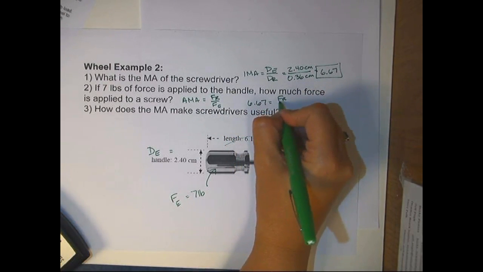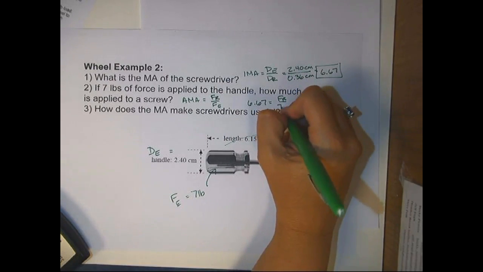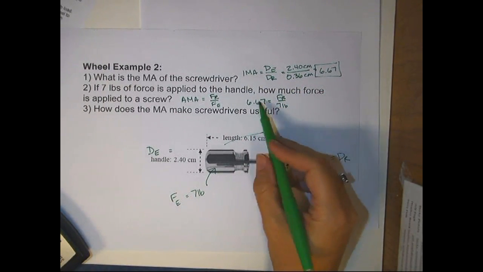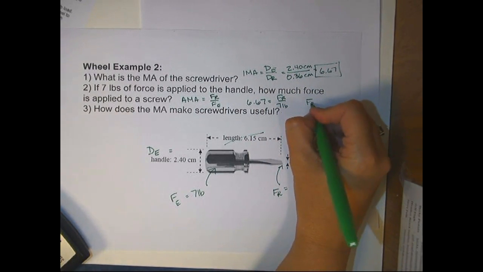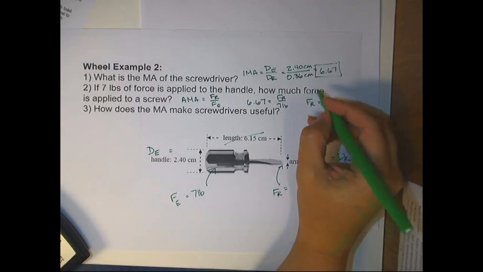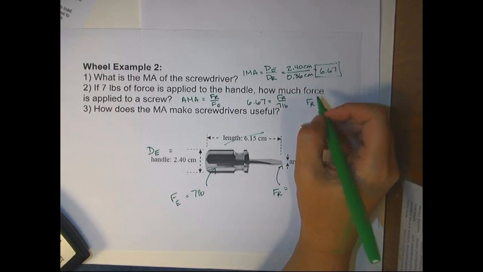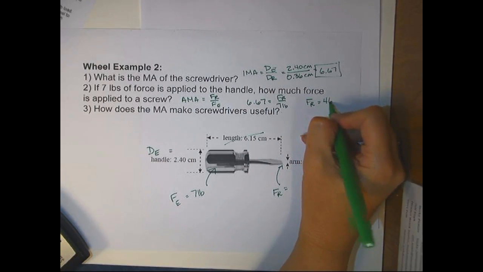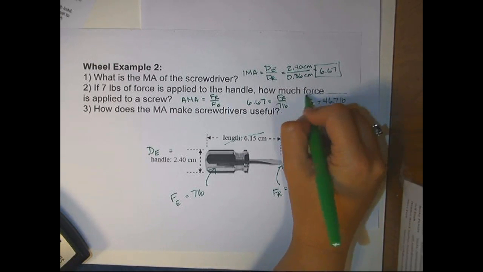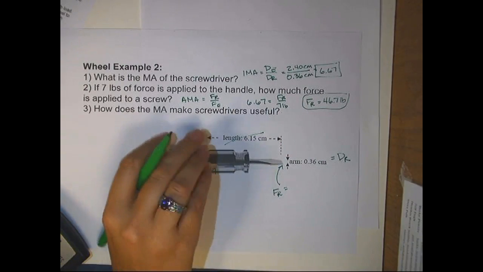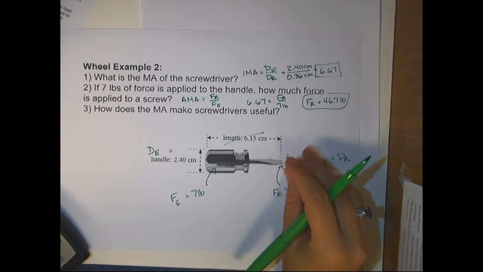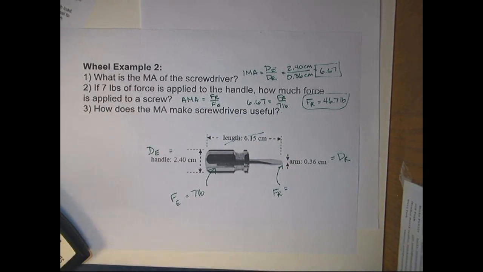And I do know my effort, they said, was 7 pounds. Multiply these together, and we get the FR is 46 pounds of force. With just 7 pounds here, I'm getting 46 pounds to turn the screw. This is why we use screwdrivers.